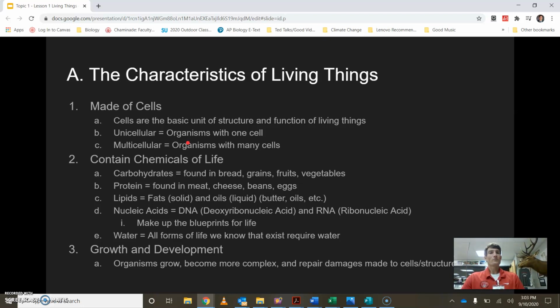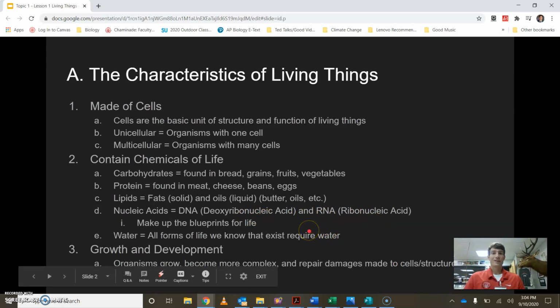Nucleic acids are the 4th example of a chemical for life, and nucleic acids fall into one of 2 categories mainly. There are some other ones as well, but either DNA or RNA. DNA stands for deoxyribonucleic acid, or RNA, which stands for ribonucleic acid.